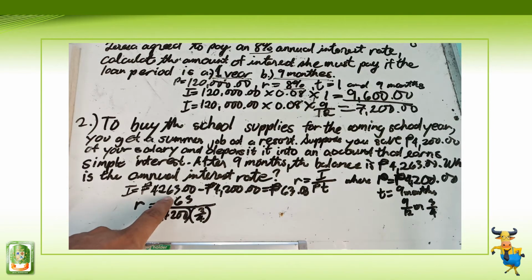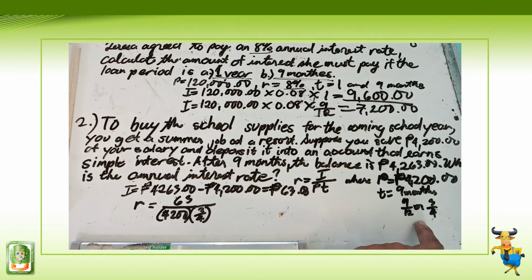So yun yung interest natin na kinita na yung pera. I-divide natin ito sa original na 4,200 na save mo, itatimes mo naman siya sa 9 months. Ito na yun, nangyari. Dito nang galing yun.